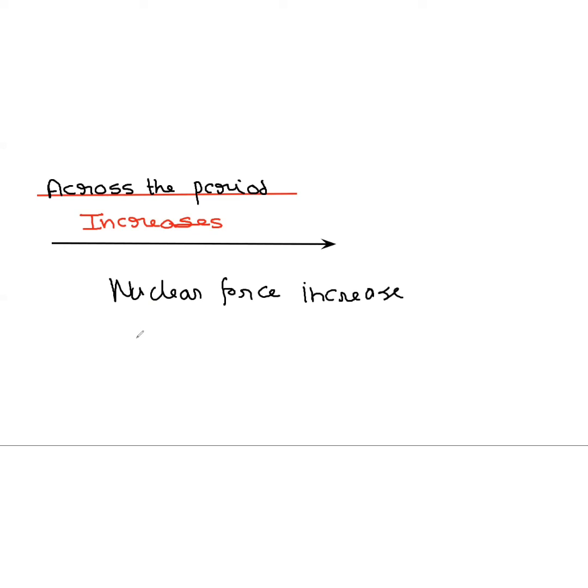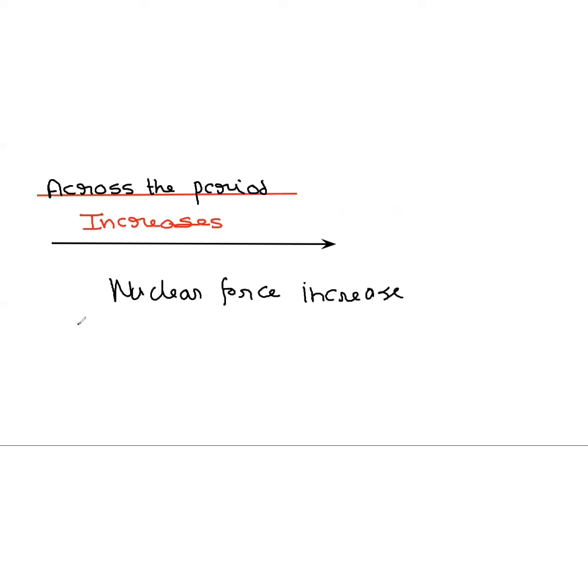So when the nuclear force increases, the amount of energy required to remove the electron from the isolated gaseous atom will also increase, because more energy is required by an electron to come out of the nuclear force. More nuclear force means more energy required. Hence, across the period, the ionization potential is going to be more.